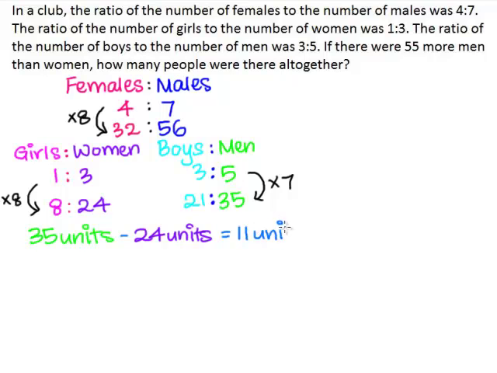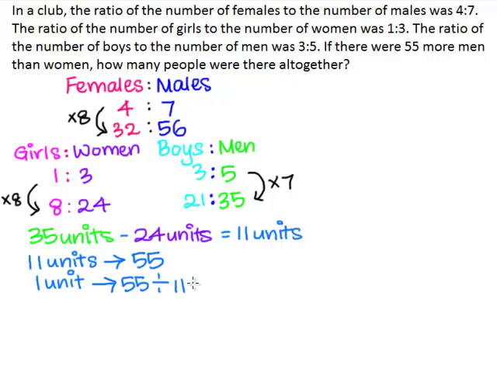So we have 11 units representing the difference. That difference is 55. So in our working, we will write that 11 units represent 55. To find the value of 1 unit, we will take 55 and divide it by 11, which gives us 5.